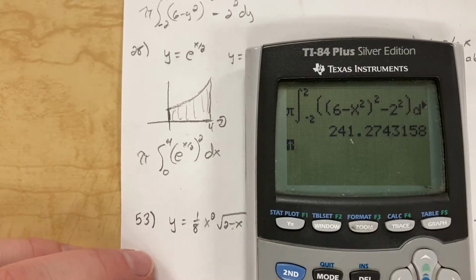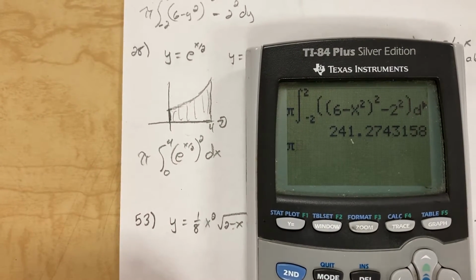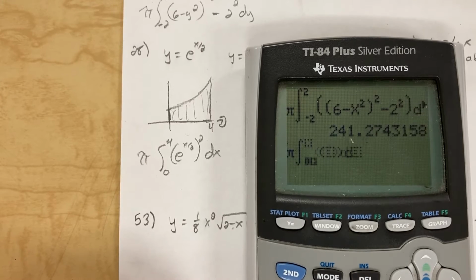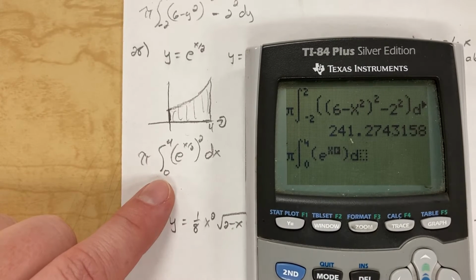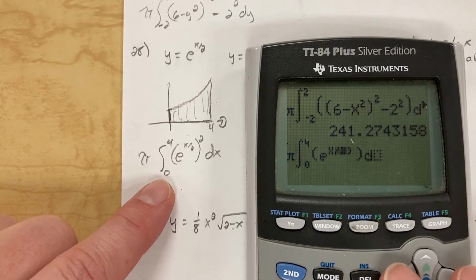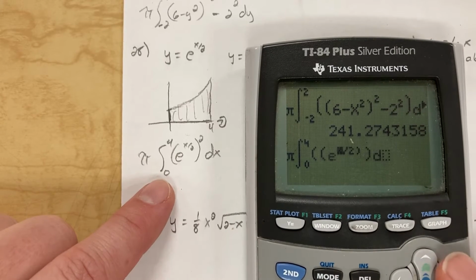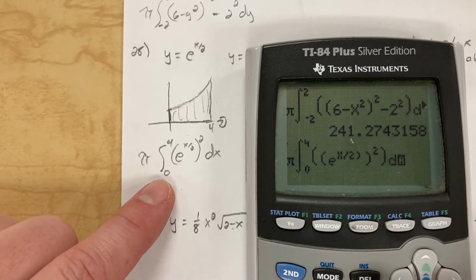So if I go pi and then math 9 from 0 to 4, we can go e to the x divided by 2, and then a parenthesis on this. Actually, let me delete that. Let's get a parenthesis on that, and then a parenthesis at the end and square it, dx.